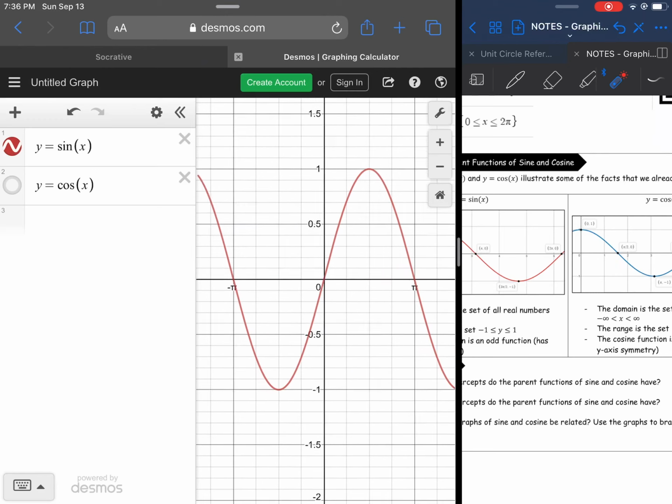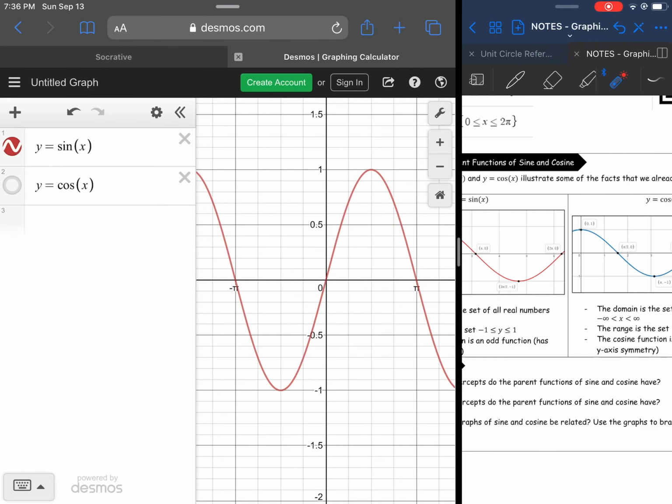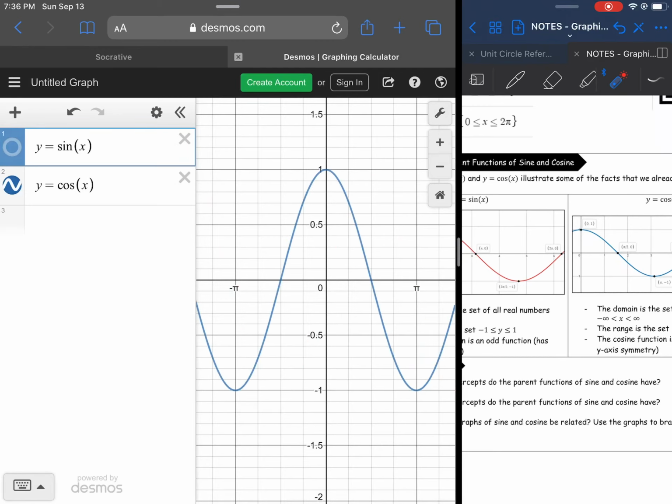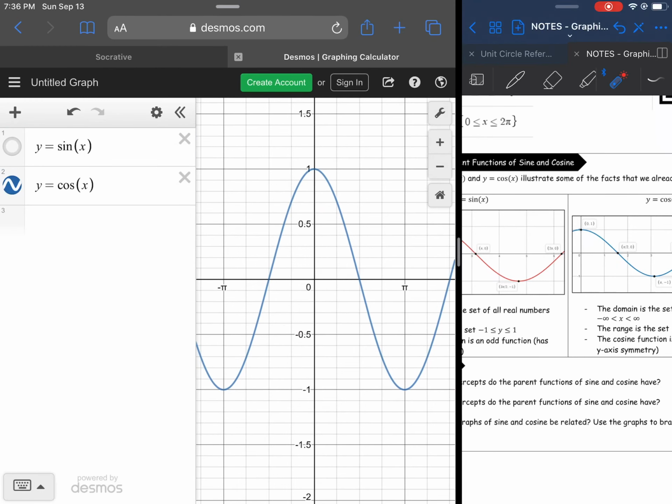Every point, for example, pi over 2, 1 and negative pi over 2, negative 1, are reflections of each other across the origin (0, 0). So y equals sine of x has origin symmetry. But if we look at y equals cosine of x, notice that the symmetry is now with respect to the y-axis. If I take the point (pi, negative 1) and I reflect that across the y-axis, I'm going to get the point (negative pi, negative 1).